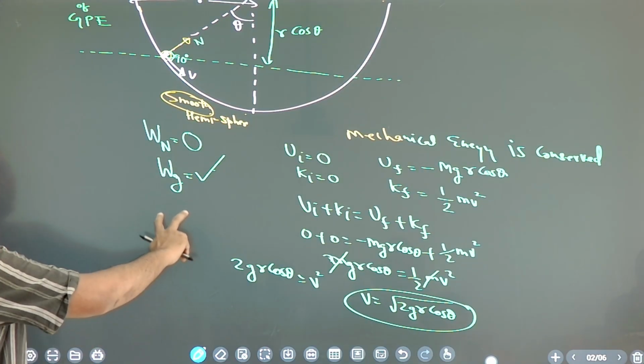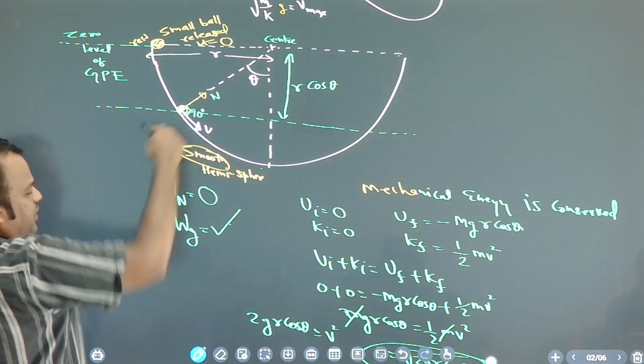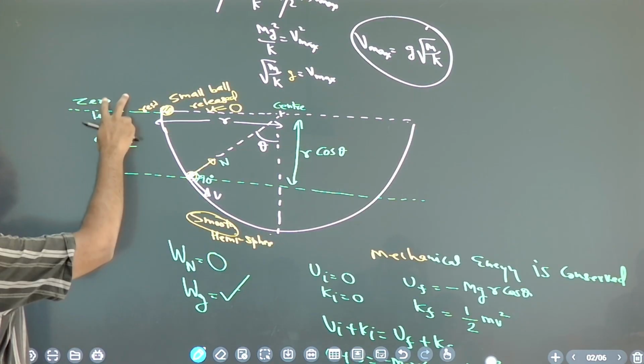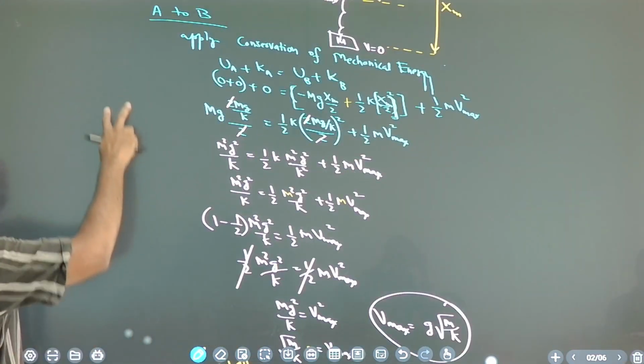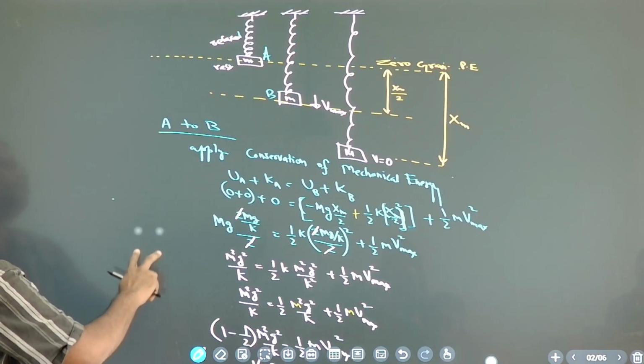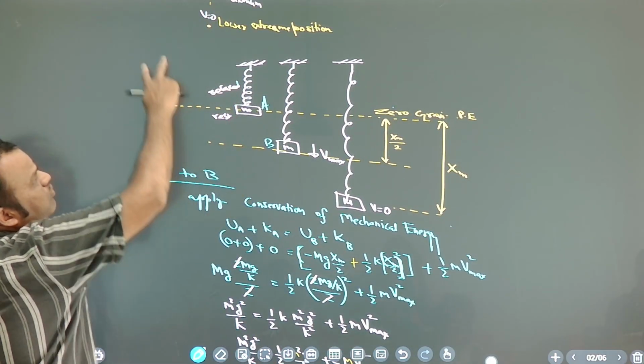So now you are observing, slowly I am discussing circular motion. Vertical motion we also discussed. This is the vertical motion of a block with a spring.